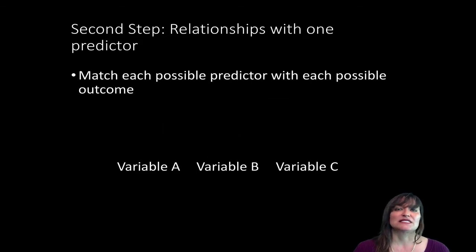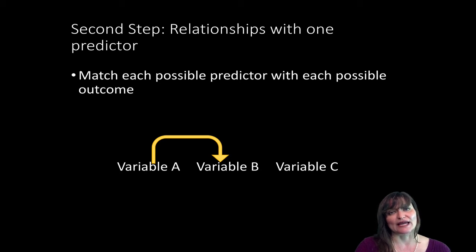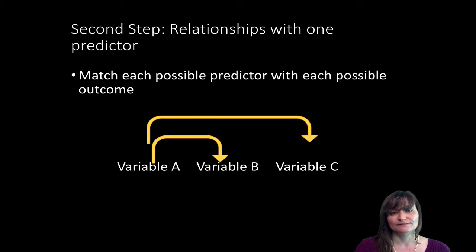The second step is to consider relationships with one predictor. So you match each possible predictor with each possible outcome and just are looking at combinations of two variables. So if we've got three variables here, variable A, variable B, and variable C, here are the possible combinations we would want to look at. We would want to ask ourselves, is variable A related to variable B? Is variable A related to variable C?